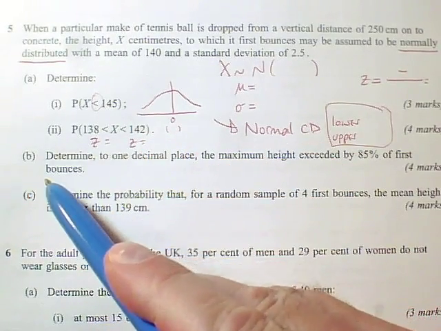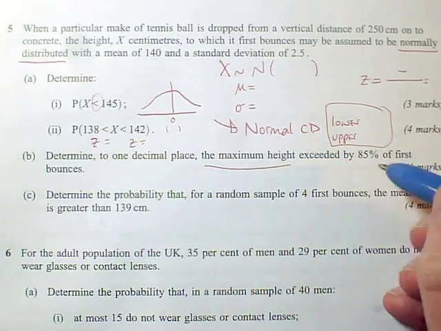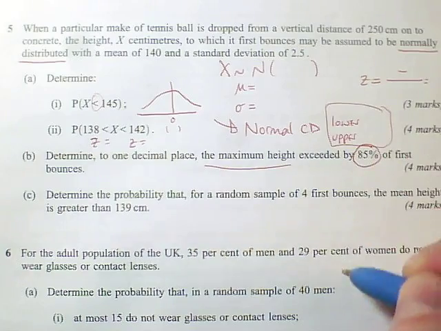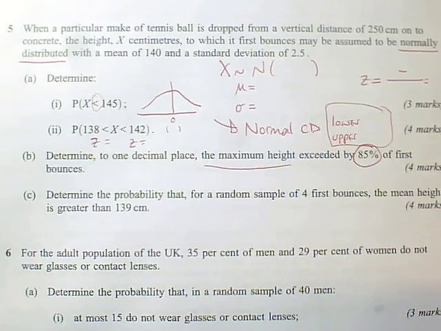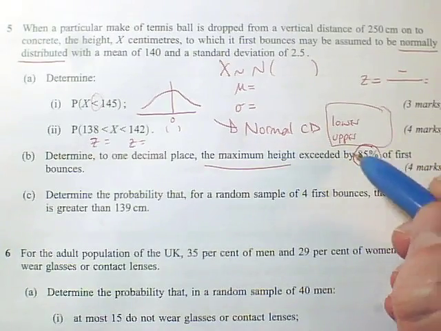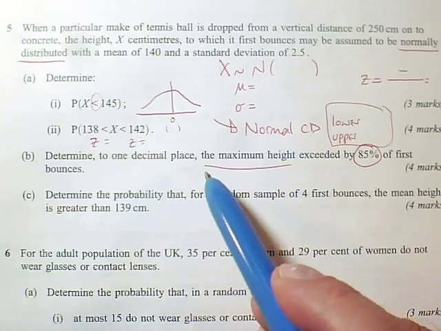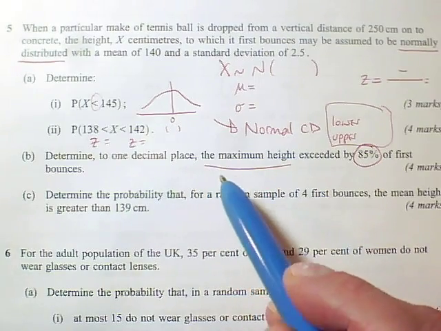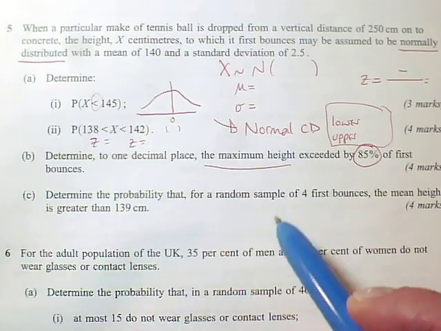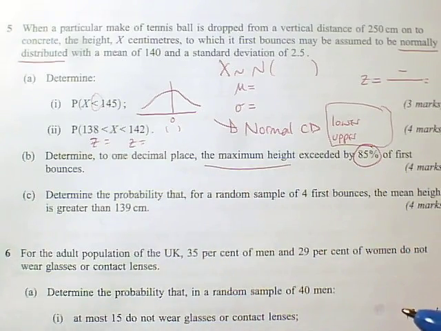Now, if we look at part B, we've got to find a height. So we're not finding a probability, we're finding a height. And we're given this 85%, which will be a probability. So we need to draw a sketch with an 85% probability in it. Okay. And the shaded area shows that the cutoff point is the maximum height of 85% of the bounces.